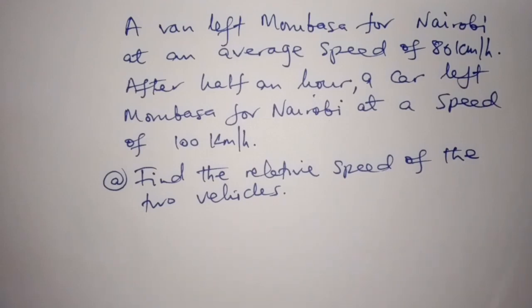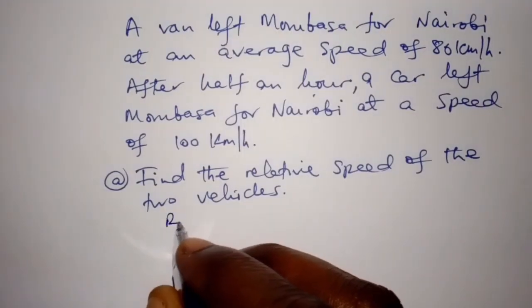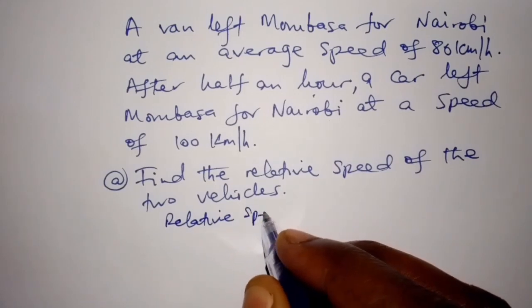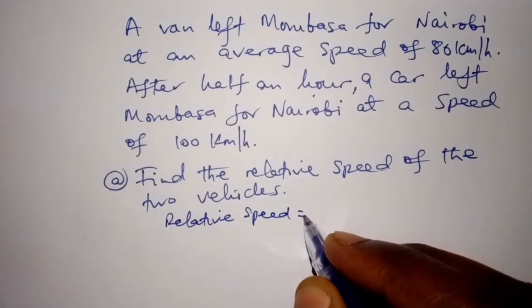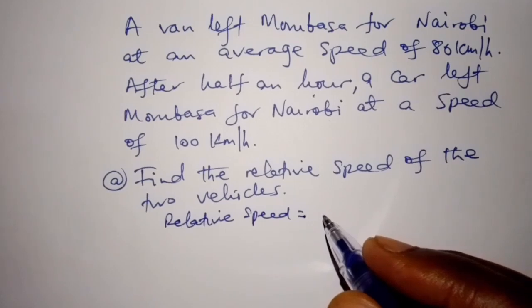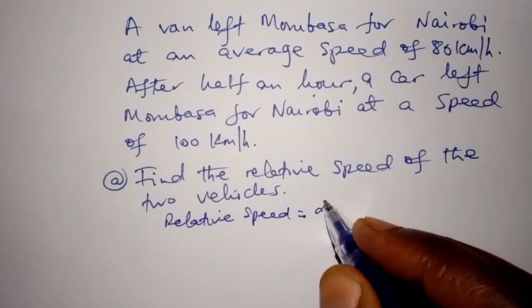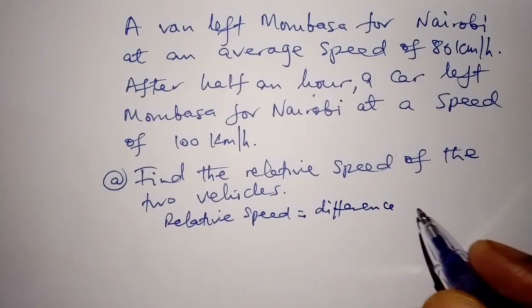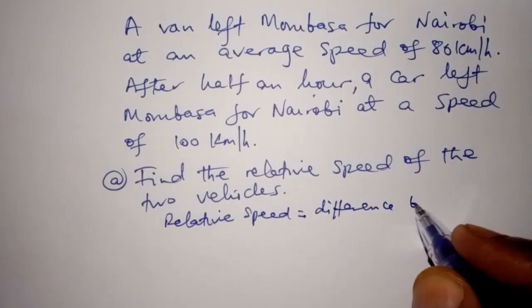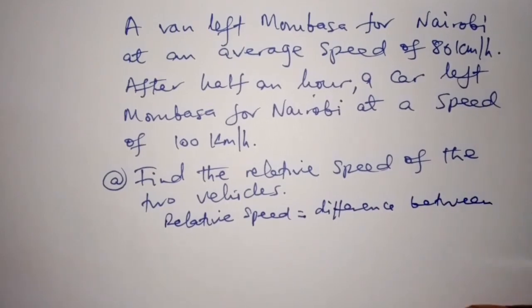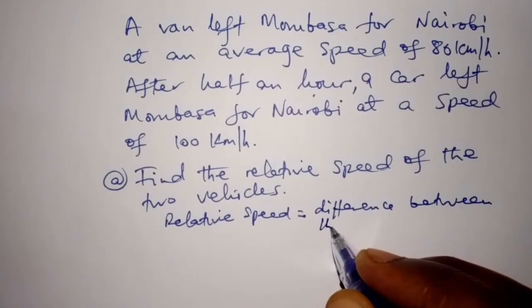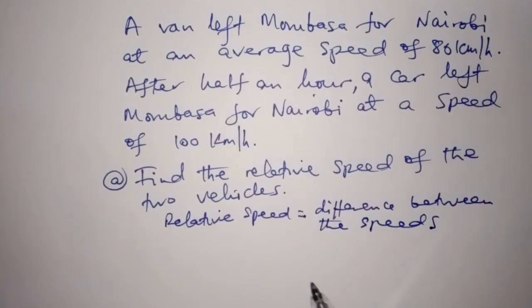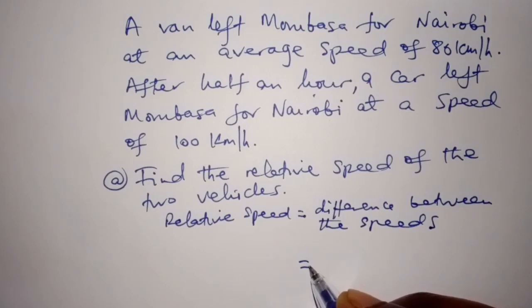The formula for finding the relative speed: relative speed is given by the difference between the speeds. So the difference between the speeds.